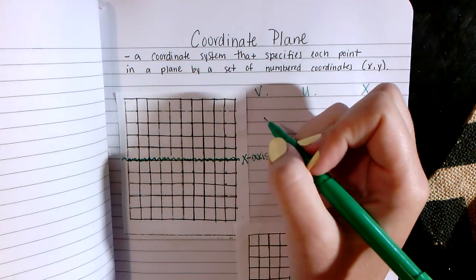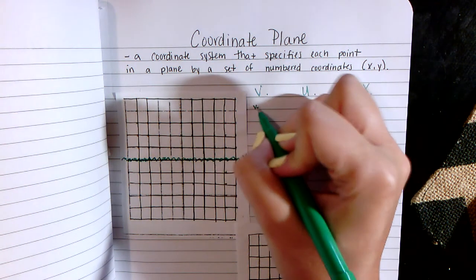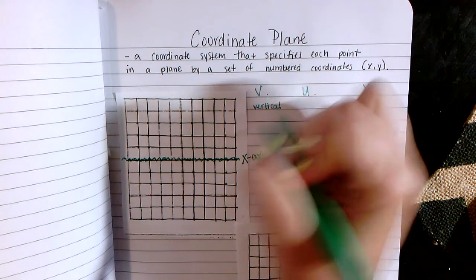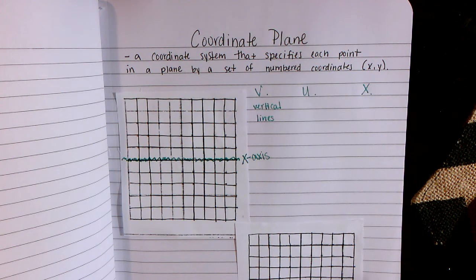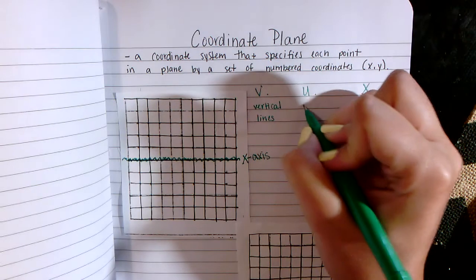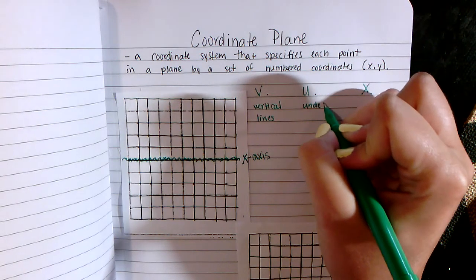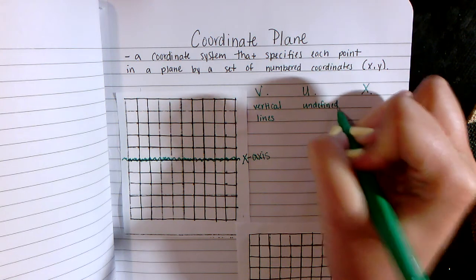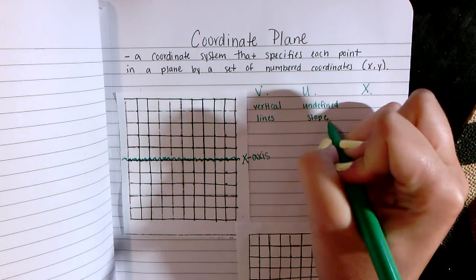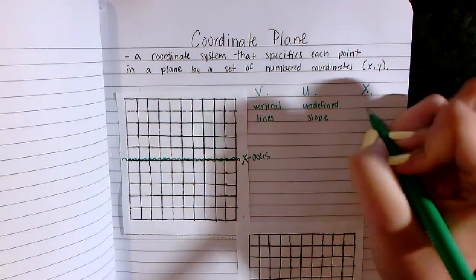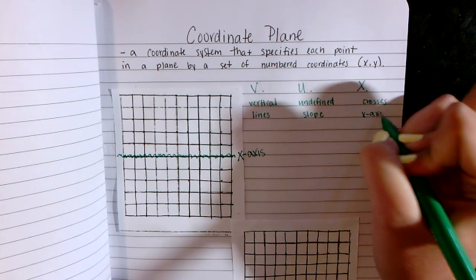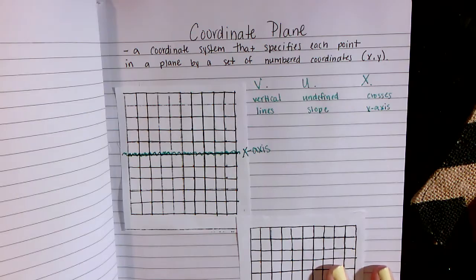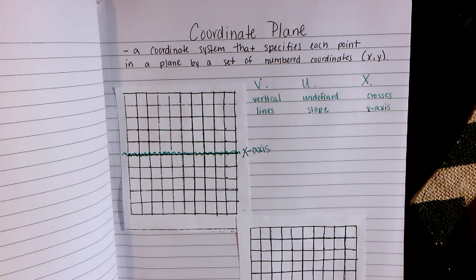So it is vertical lines, it is an undefined slope, and it crosses the x-axis. So those are some really important things to remember about the x-axis.